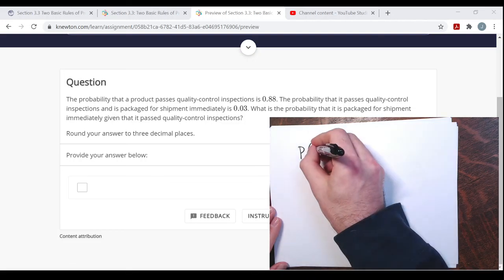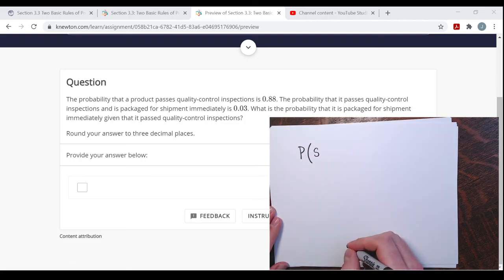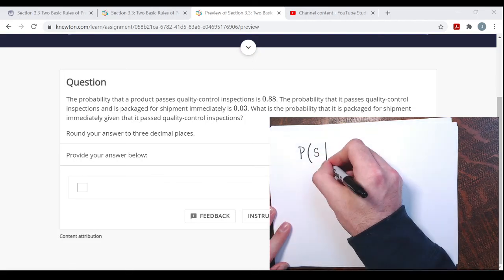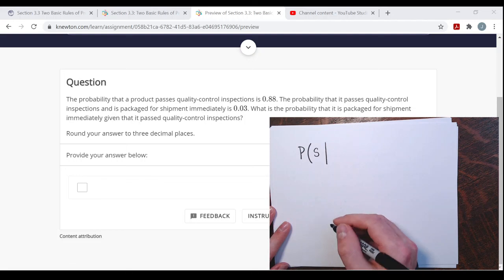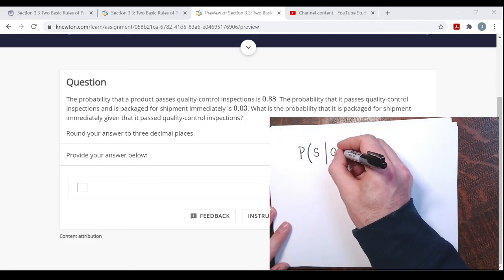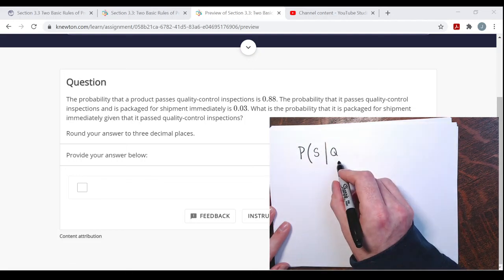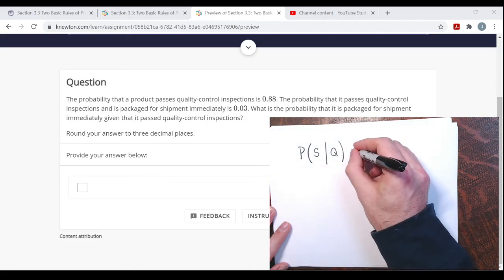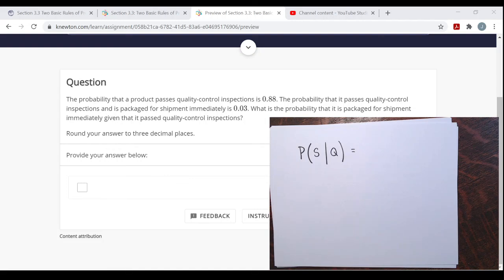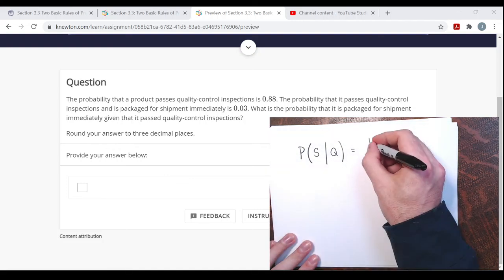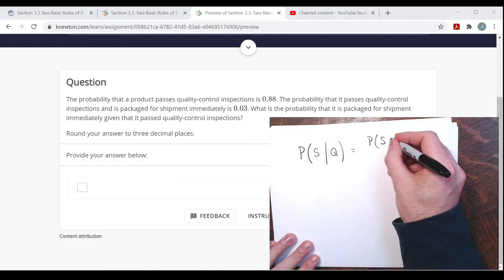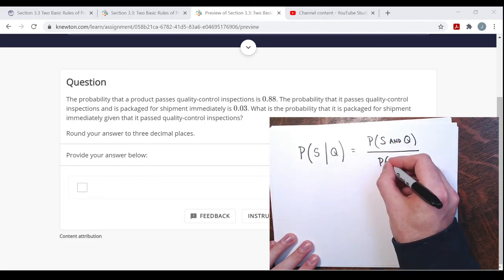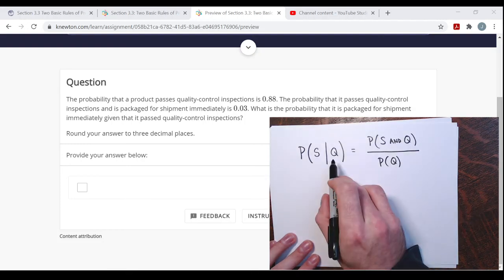So I'll say S represents packaged for shipment immediately, given that it has passed quality control inspections. I'll say Q represents passed quality control inspections. Remember, according to our little how-to for calculating conditional probability, this should be equal to the probability of S and Q divided by the probability of Q, the event that happened in the denominator.